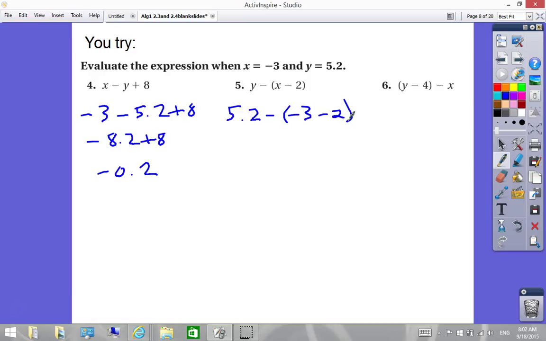What are you going to simplify in that one first? Go ahead, Ken. And that one? Yeah. So what did you do? And the first one, how did you get that 8.2? You added this and this, but they were both negative.